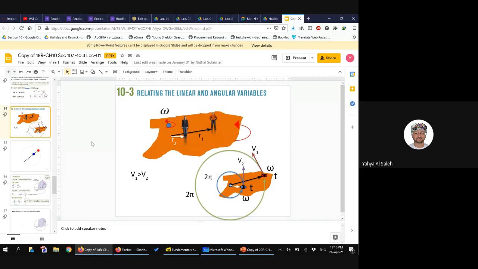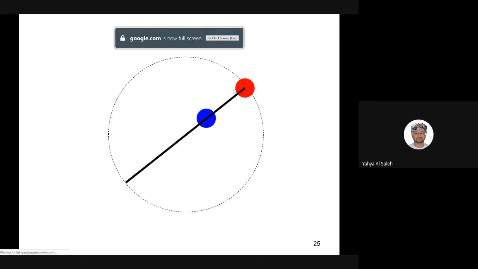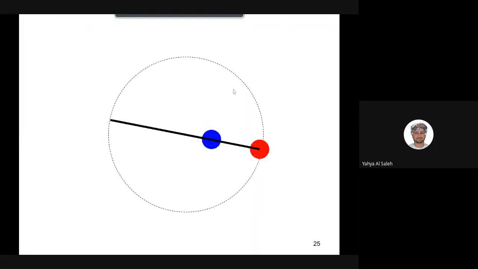Now here what you have is the same rotational velocity gives you different linear velocities for two different people on the same object. Do you remember this bit?